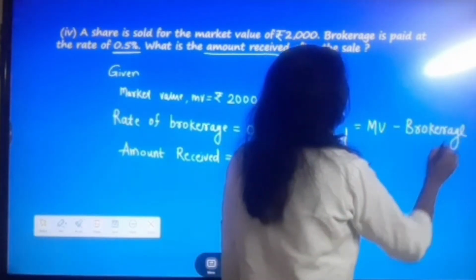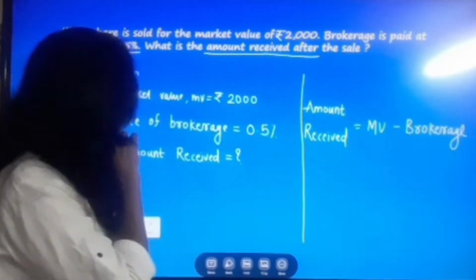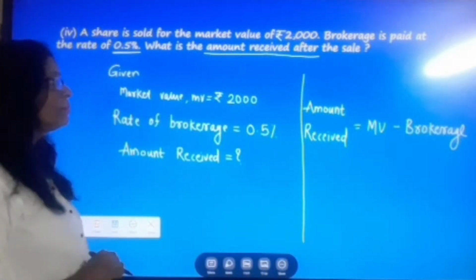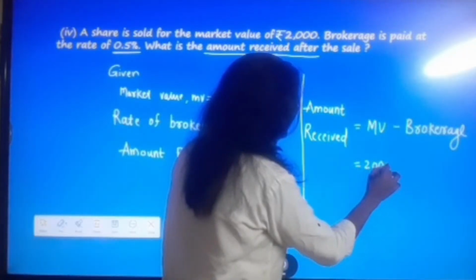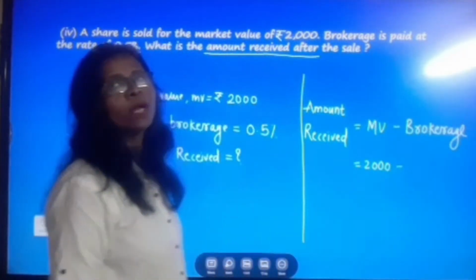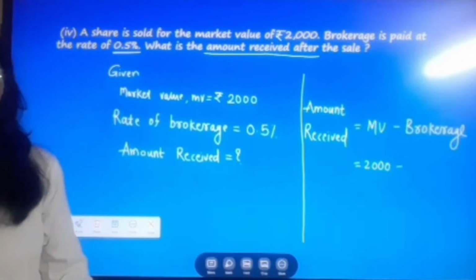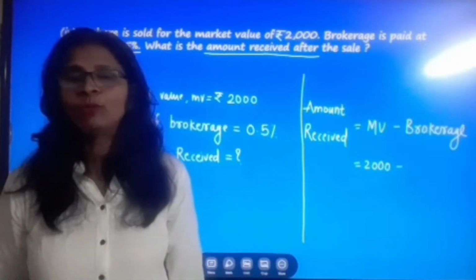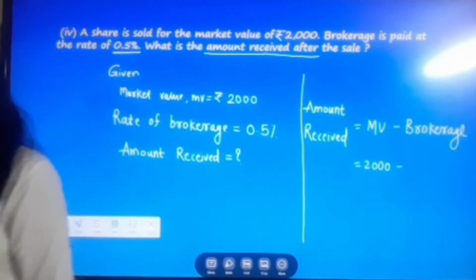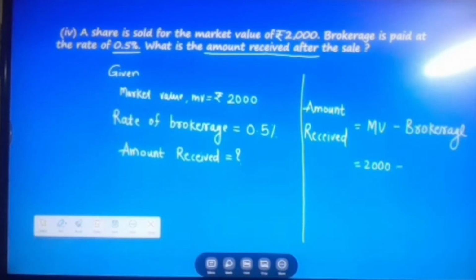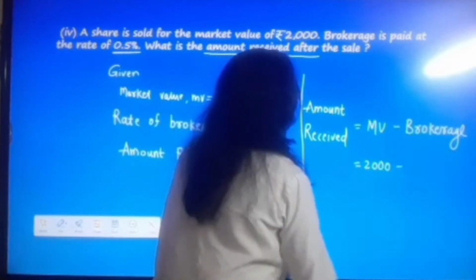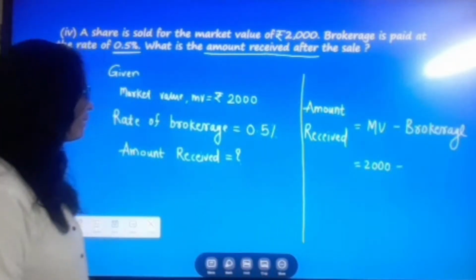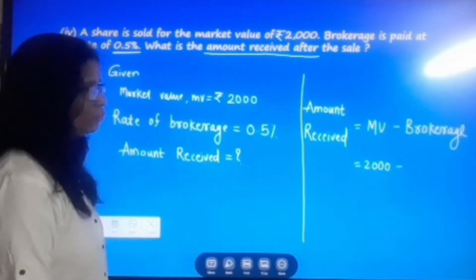Market value minus brokerage. But now here, students, we have the market value, and that market value is 2000. But what about the brokerage? We do not know the brokerage. So how can we find out the brokerage? There is a formula to find out the brokerage. We have to find it with the help of the rate value and the market value, student.